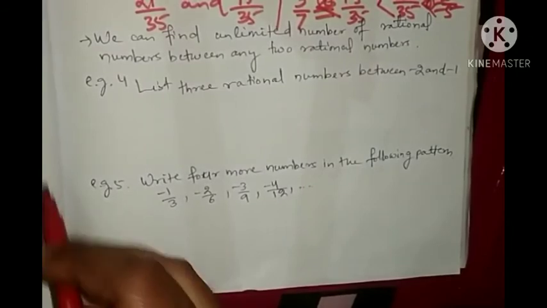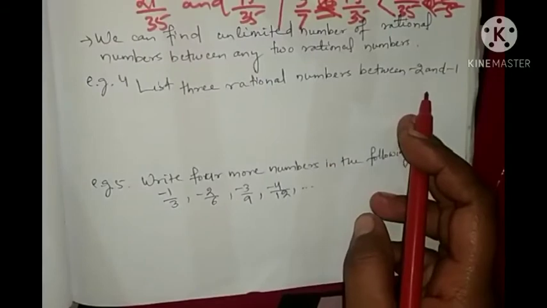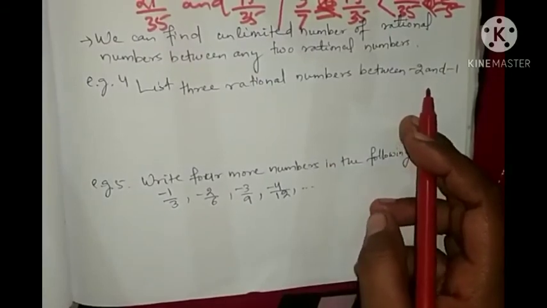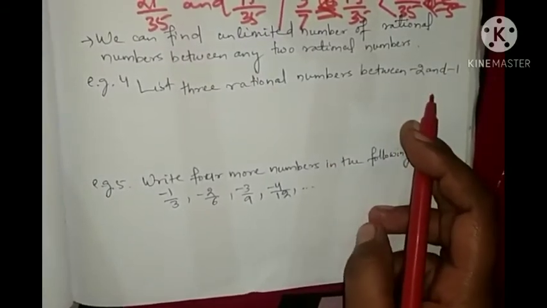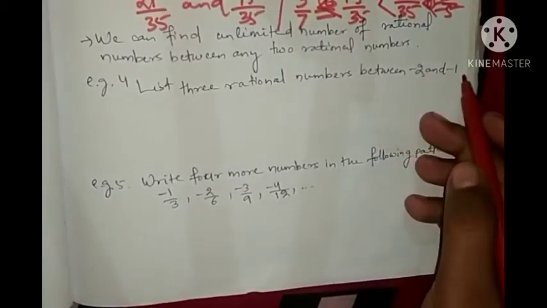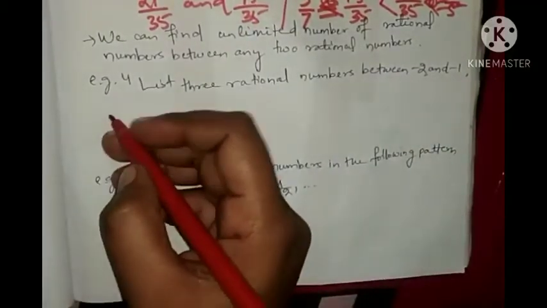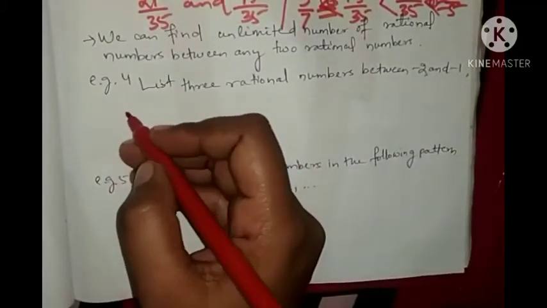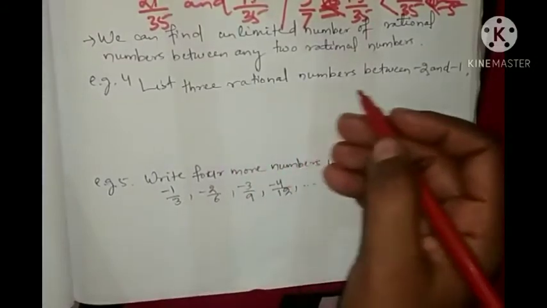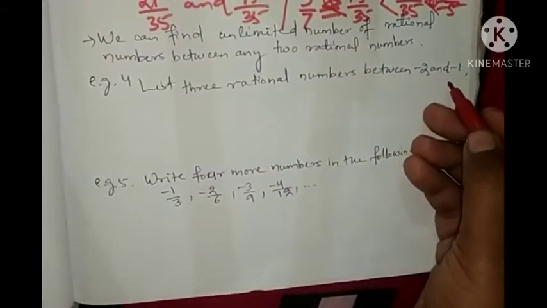Next you see, list three rational numbers between minus 2 and minus 1. Three rational numbers means 3, and these two will become 5. So you can make the denominator 5. Why are we making the denominator 5?